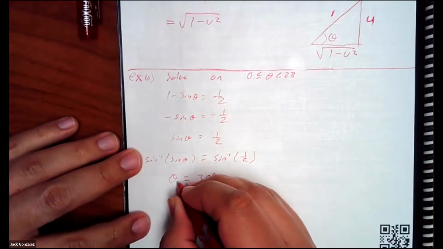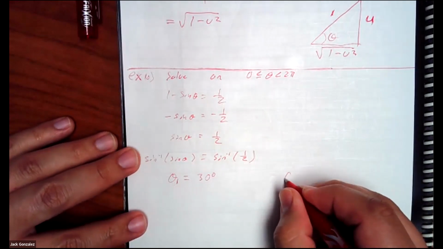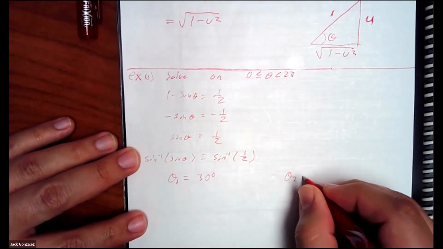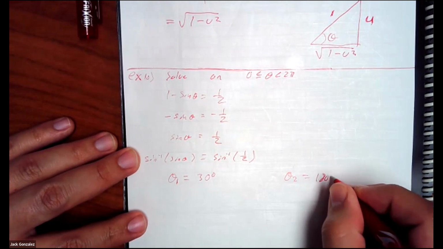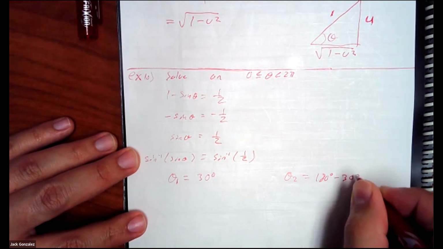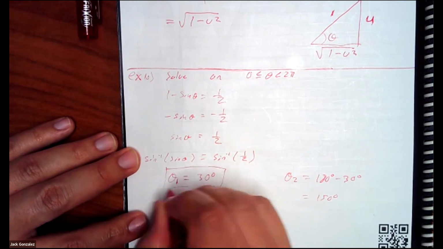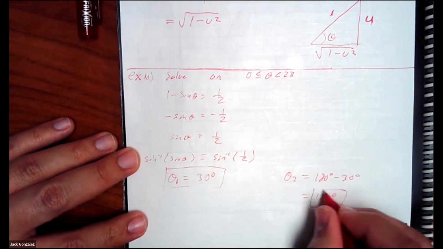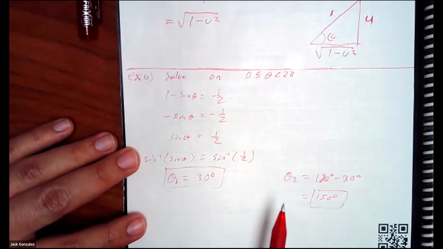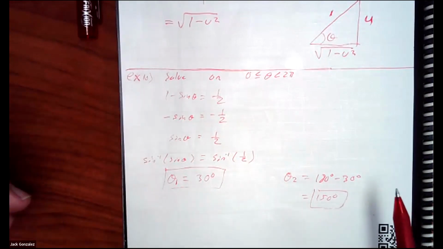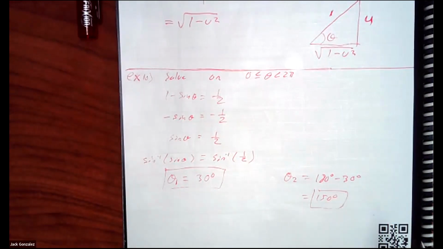Now that's theta 1, but whenever you use sine inverse, you can find the other angle by subtracting from 180. So that'll give me 150. So these are my two answers that are inside 0 to 2 pi. This is the rule for sine: just subtract from 180.